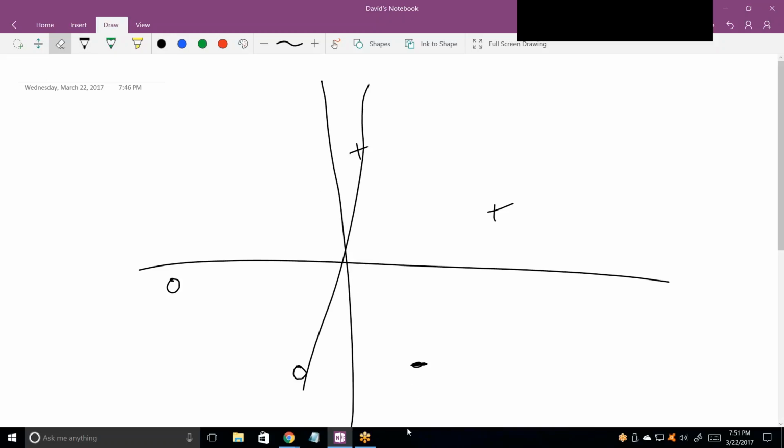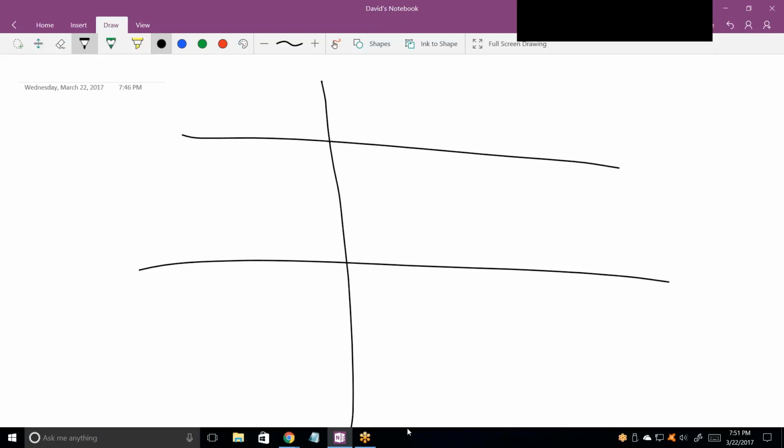This is an important concept, that you know positive from negative slopes. So, not a horizontal line, incidentally. Negative. Good.